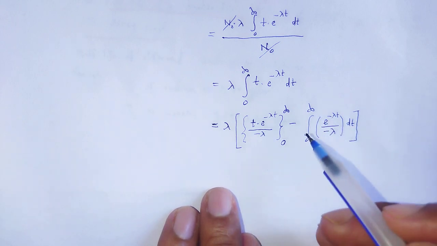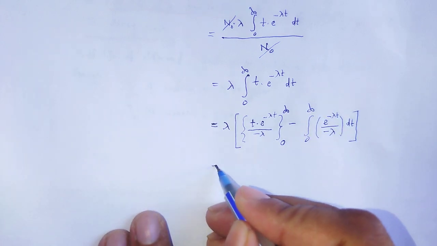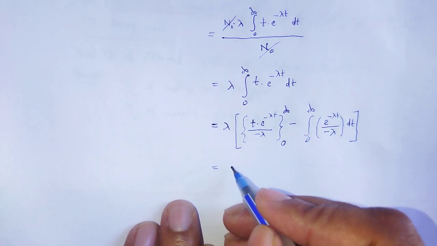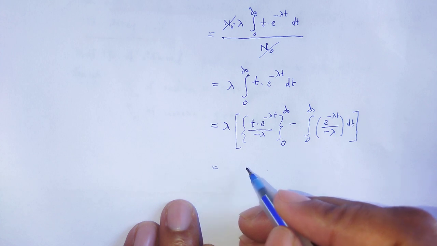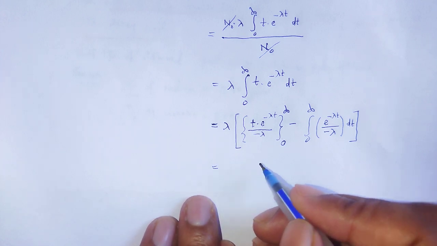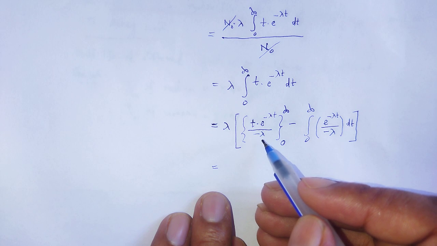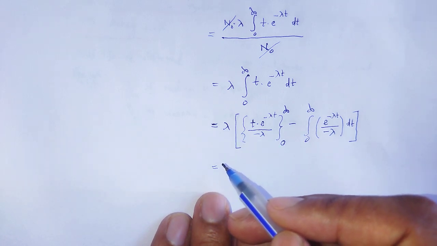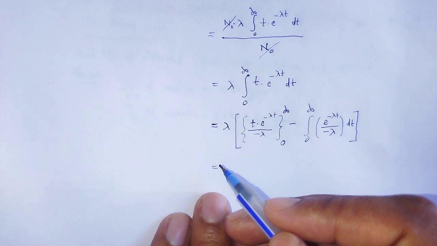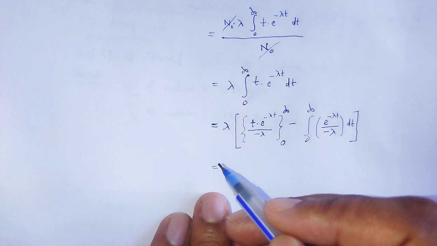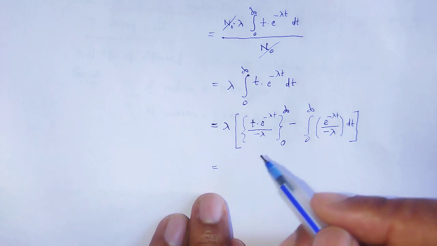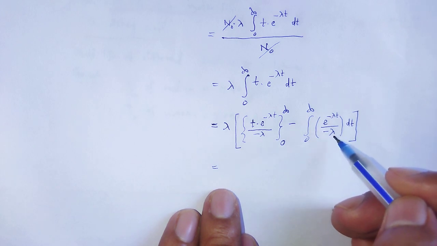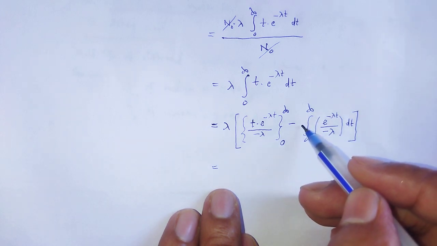By the parts rule, this lambda cancels out, and in the other term also there is lambda.